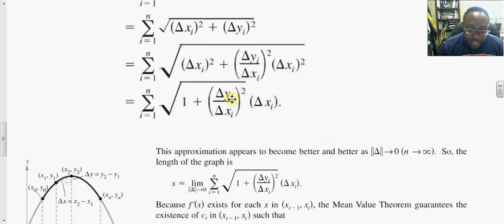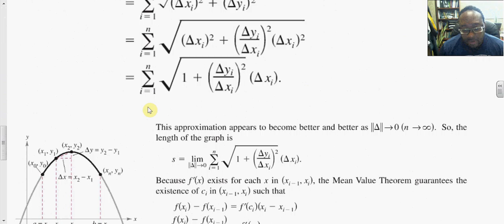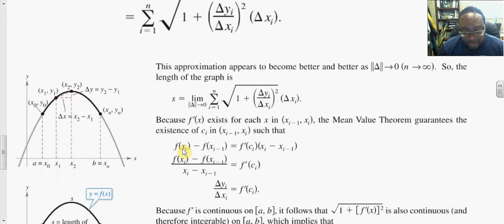Well, this difference quotient will, based on the limiting process, give us a derivative, and that's simply y prime. So the summation of the radical of 1 plus y prime squared, times dx, turns into the integral over the limit.